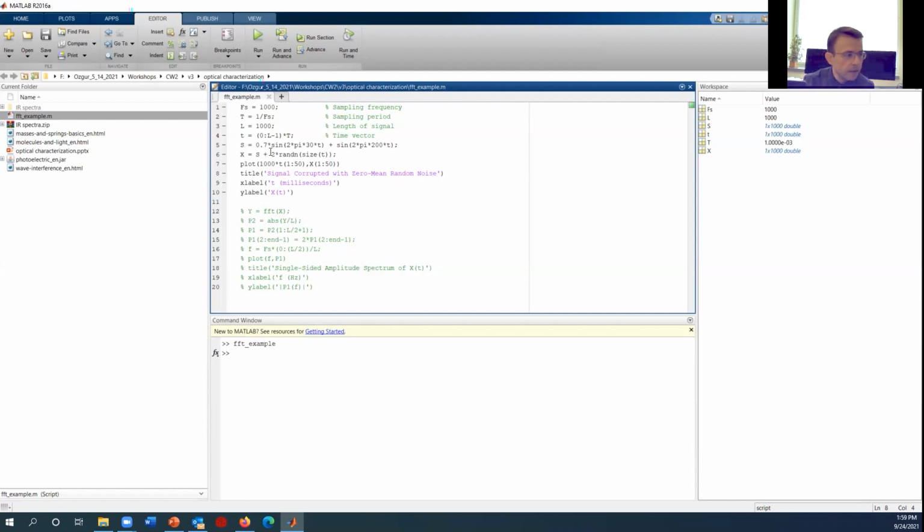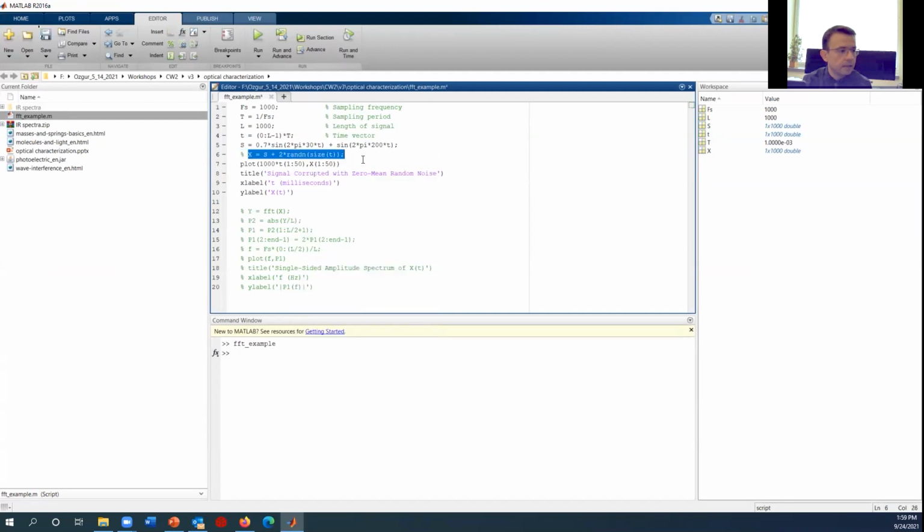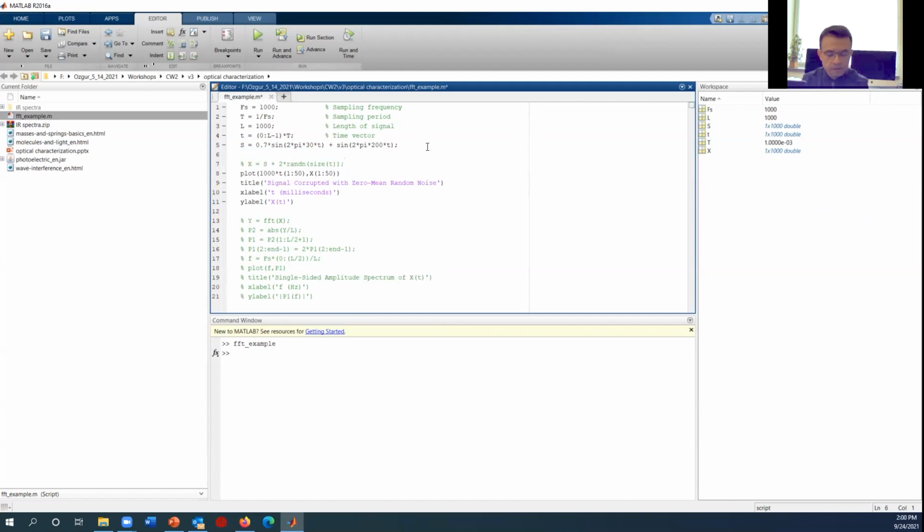Let's say we have a very simple signal, something like this. That's a combination of two signals. I'm just going to plot the original signal here, if I can, of course, within the given amount of time.